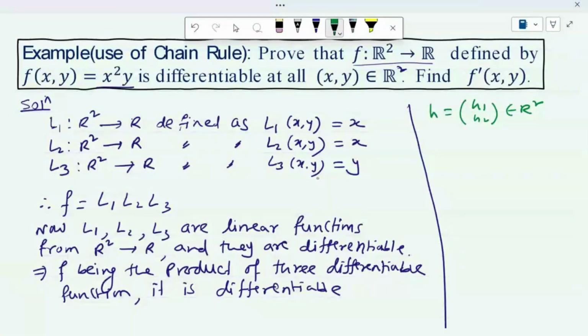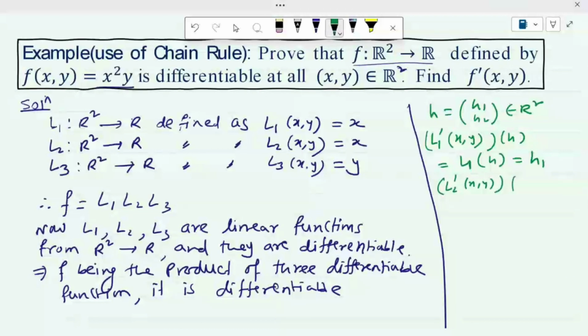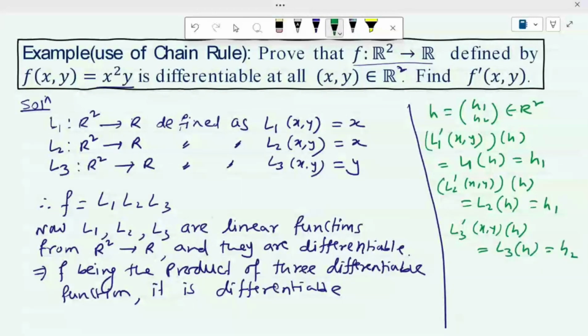Then since L1 is linear, we have L1'(x,y) operating on h equal to L1(h), which is h1. In a similar way, L2'(x,y) operating on h is L2(h), which is h1, and L3'(x,y)h is L3(h), which is h2. So we got the derivative of these three functions.